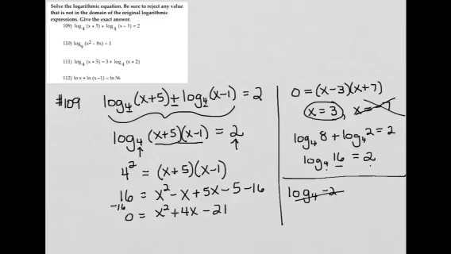So that might seem like it works, but that's why we get that extra solution that doesn't really work. It has to work in the original. So don't go any further if you see that you've got the log of a negative. You just throw away that solution. And so x equals 3 is the only answer there.